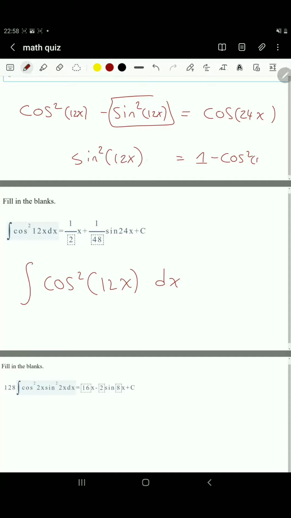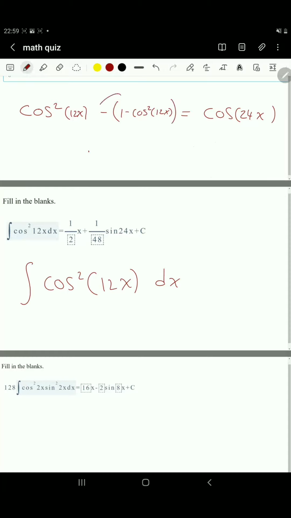So sine squared 12x is 1 minus cosine squared 12x. Distribute the negative. So it becomes minus 1 plus cosine squared. Cosine squared plus cosine squared is 2 cosine squared. So 2 cosine squared 12x minus 1 is cosine 24x.